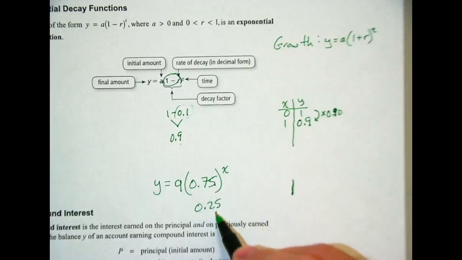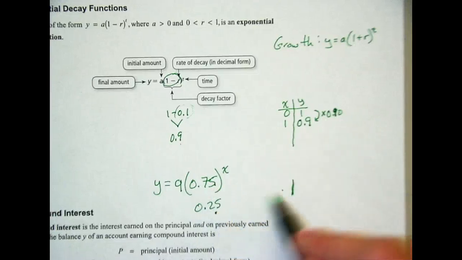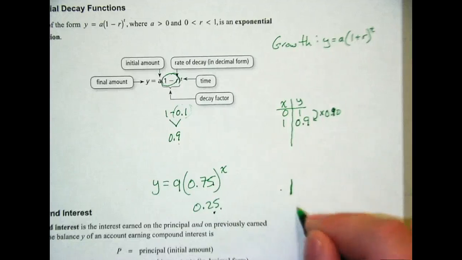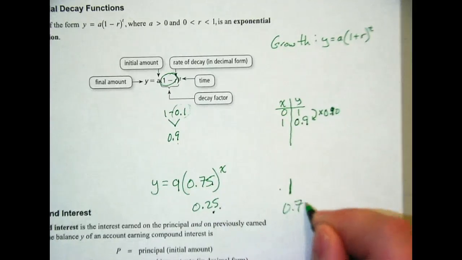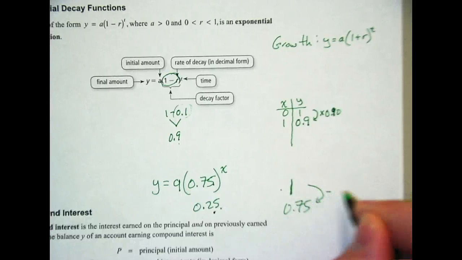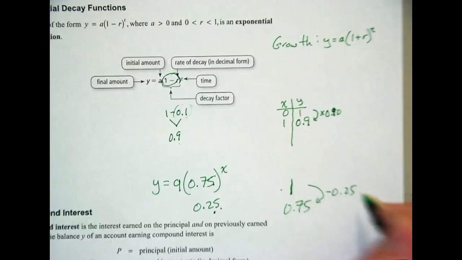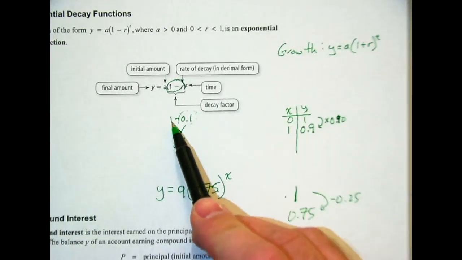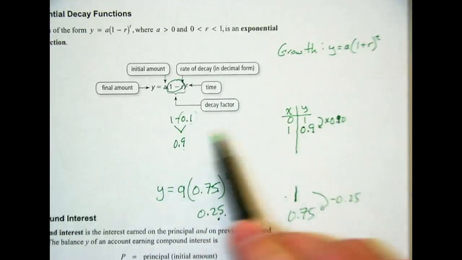Okay, I'm decaying this much. If I'm going from 1 to 0.75, that means I have decayed 0.25. Just like in this problem, I'm going from 1 to 0.9. I'm decaying 10%.